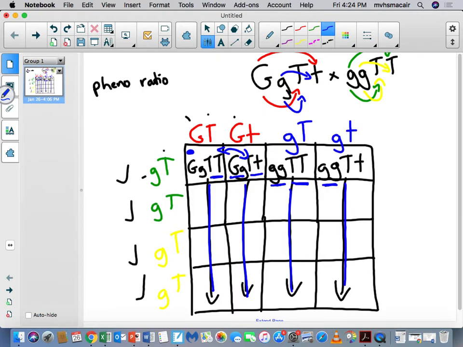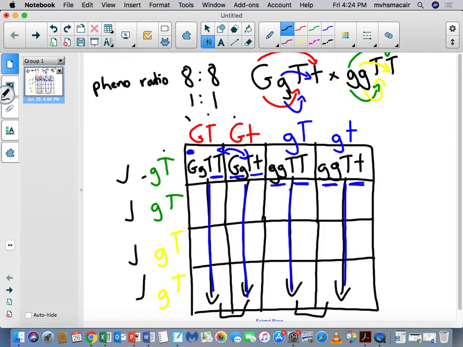Over here, homozygous recessive means yellow skin. You look over here again, not the same as what we saw in column 3, but it's heterozygous, so therefore we're going to have spots again. So now, instead of what we saw with the genotype ratio, we actually have these two columns here and these two columns here being the same thing, which gives us a phenotype ratio of 8:8, or more simply 1:1.